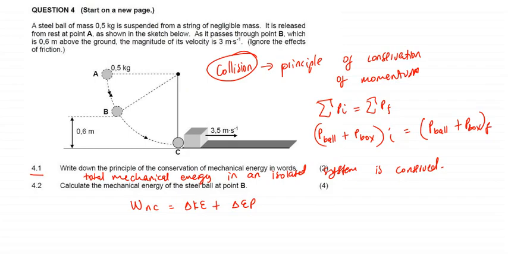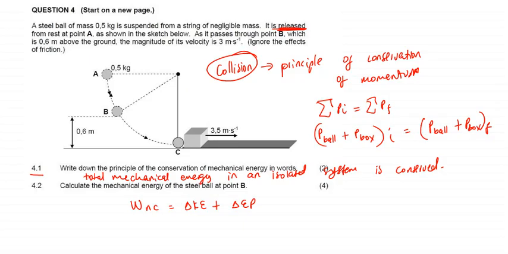So do not consider that string as taking an effect. You just take this as an isolated system because you don't have friction, you don't have an applied force, mainly because the object was released. No one applied any force, it was just released and then it went down on its own.